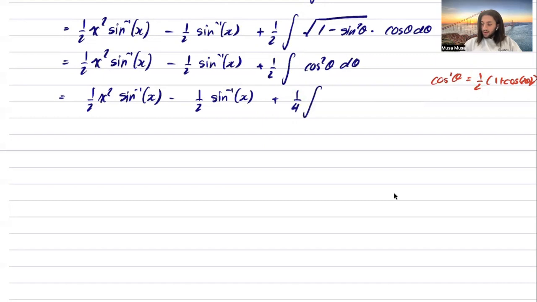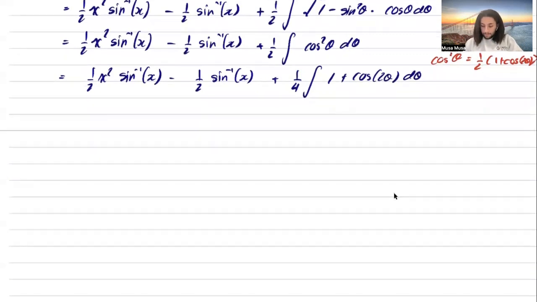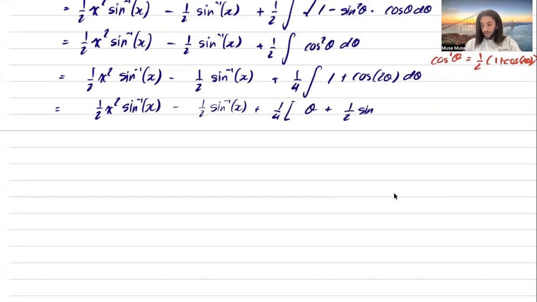And then it is the integral of 1 plus cos 2 theta d theta. Good. And then the integral of that is theta plus 1 over 2 sine 2 theta.